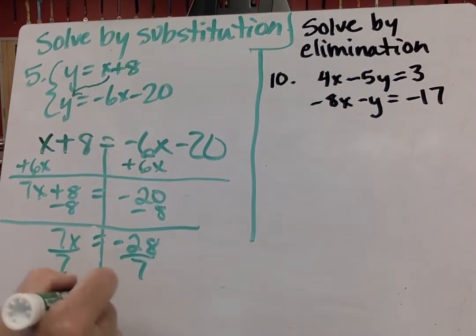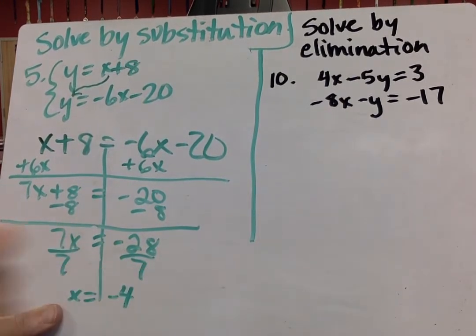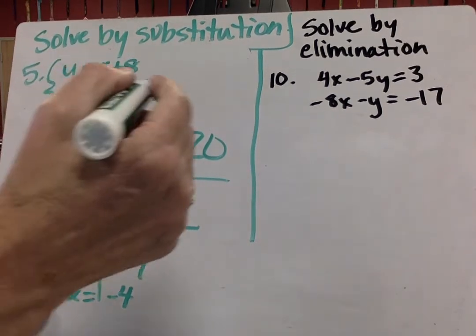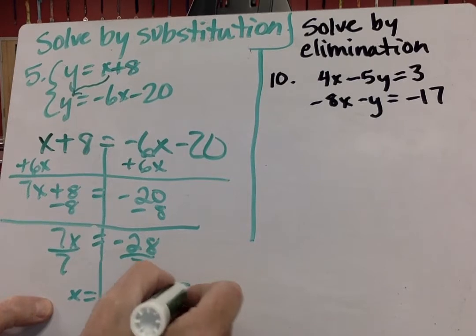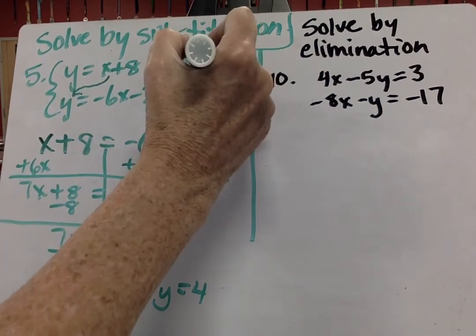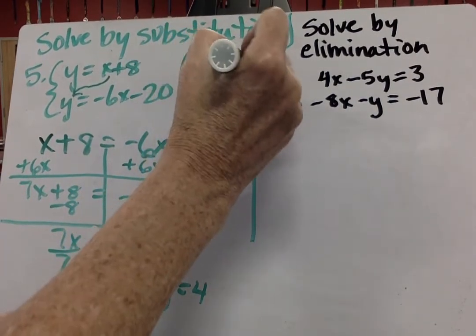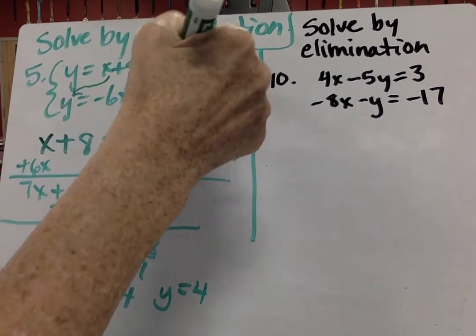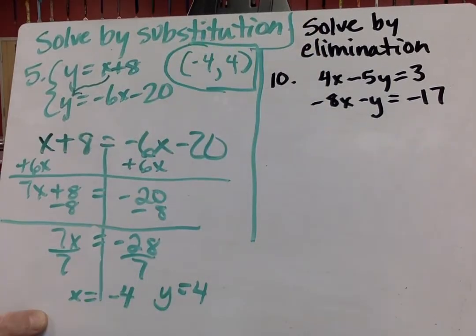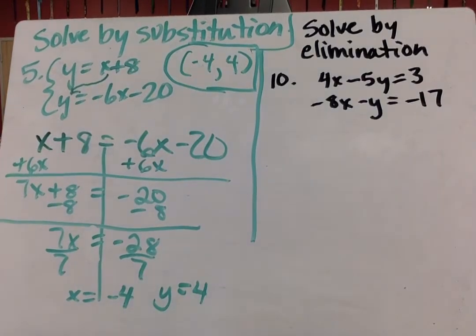So x equals negative 4. Okay. Now to figure out our y, we're going to put negative 4 back in here. Negative 4 plus 8 is your y, so that will be y equals 4. And then if you wanted to put it as an ordered pair, I'm going to put it up here, negative 4, comma 4. And there's your answer.